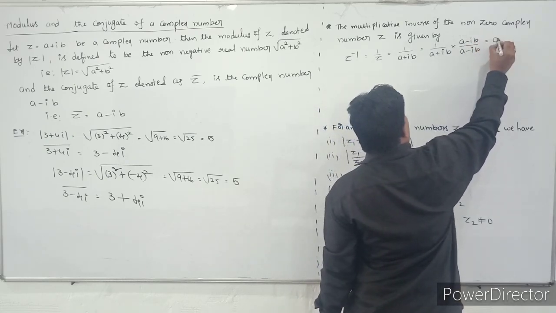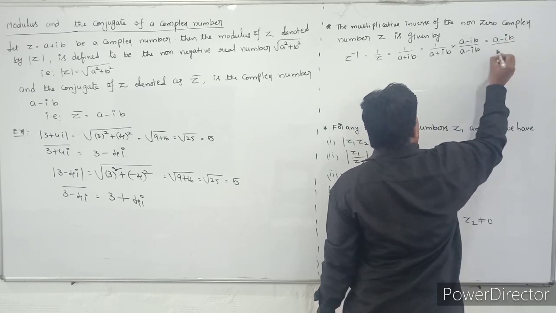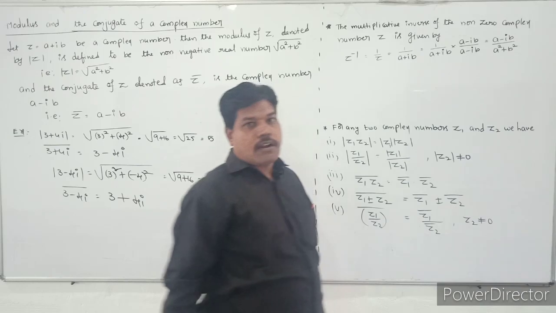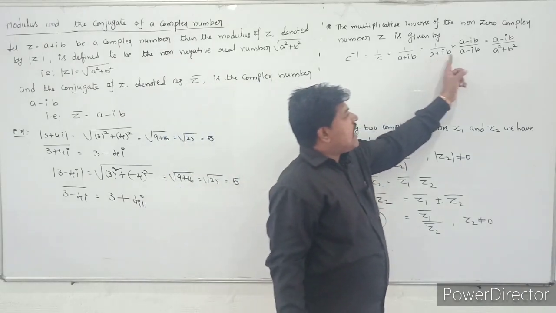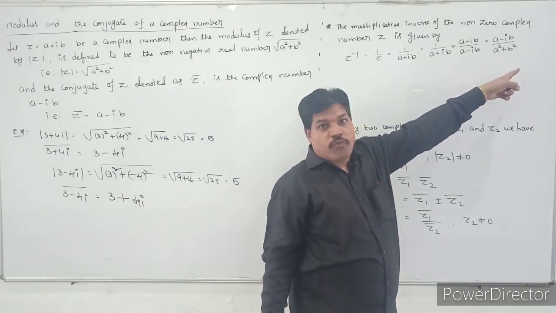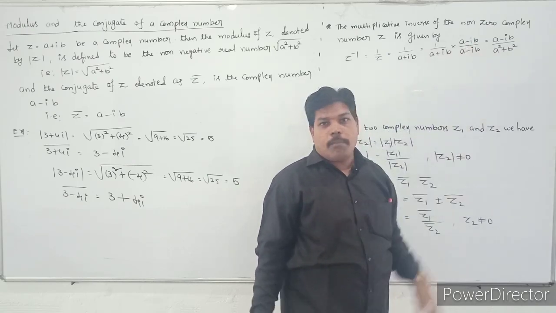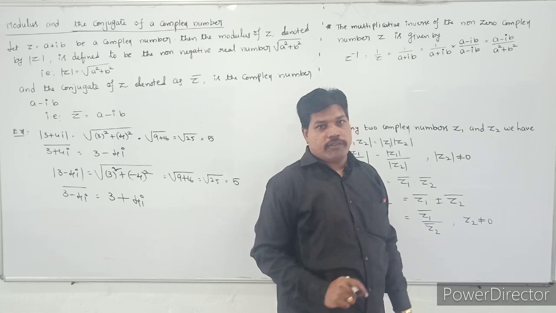So it will become a minus ib by a square plus b square. A plus ib into a minus ib becomes a square plus b square. Why? Because i square value is minus 1, so it will become plus 1. We already proved that in the multiplicative inverse.